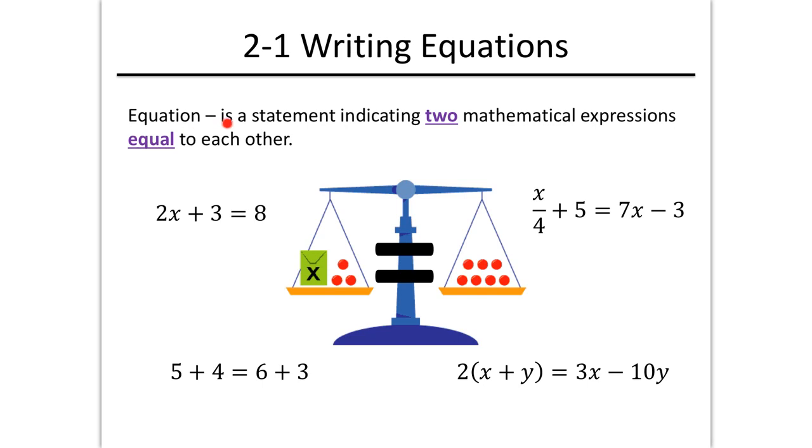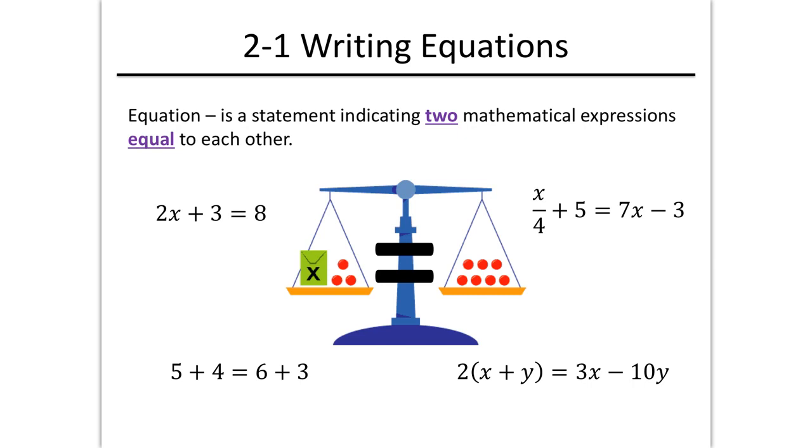So an equation is a statement indicating that two mathematical expressions, and let me just show you guys this word, expressions, are equal to each other. So I have a picture here, and you guys have seen those balance scales around, but the idea of an equation is just like a balance scale.